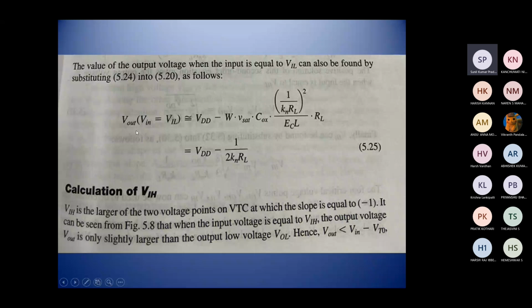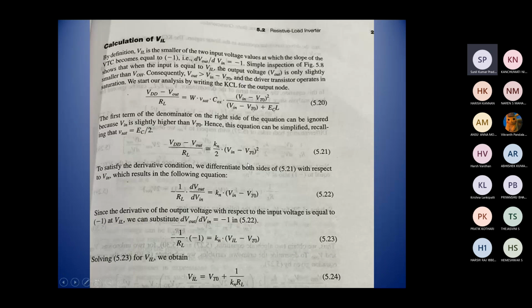Vout at input low voltage equals VDD minus W times Cox times 1 divided by KL RL, where W is the channel width, Cox is the oxide capacitance and L is the channel length. Finally it comes to be VDD minus 1 by 2 Kn RL. So please remember, when we calculate the input low voltage, we have to calculate it like this.